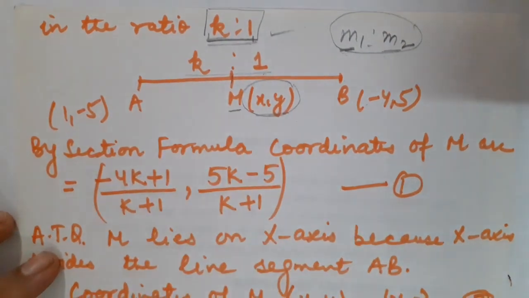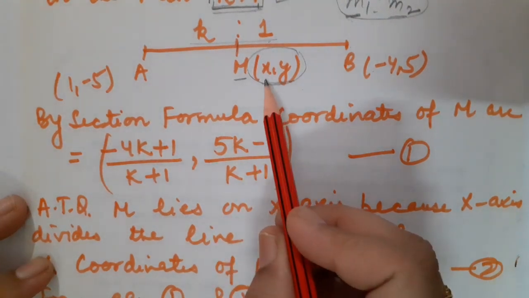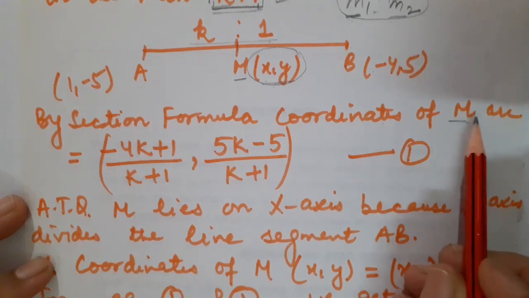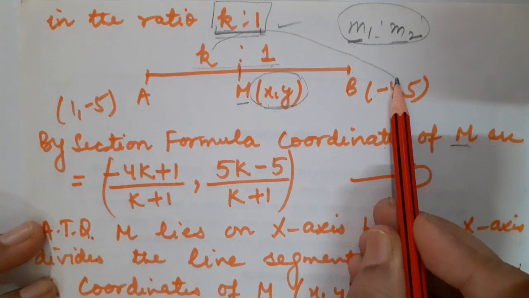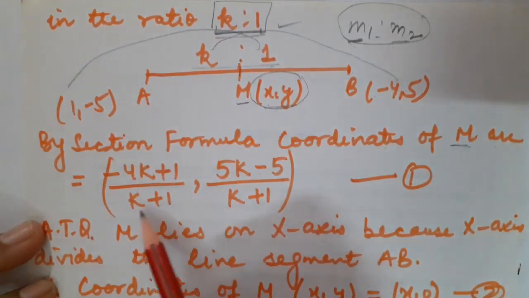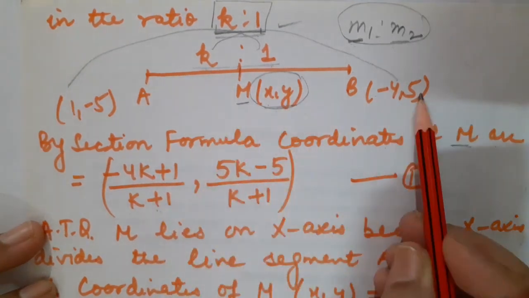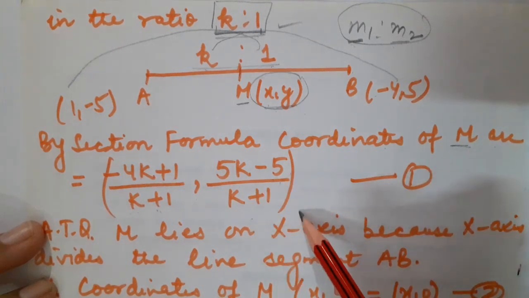Fine. Now let us apply the section formula. By the section formula, the coordinates of the point of division M are: minus 4K plus 1 into 1, that is 1, upon K plus 1, the sum of the ratio, comma 5K minus 5 upon K plus 1.